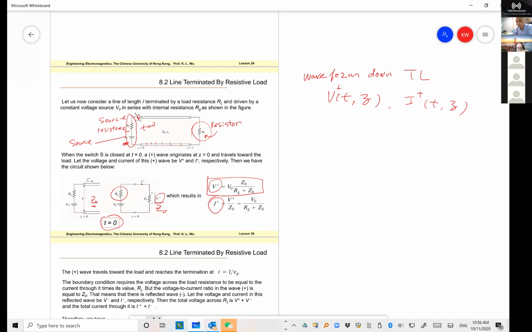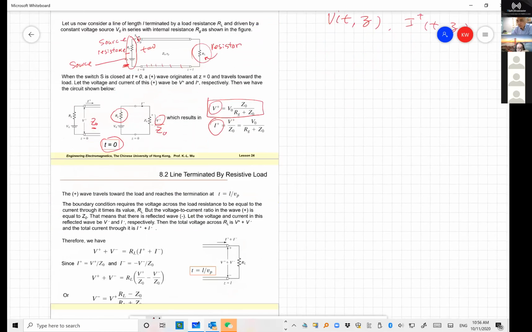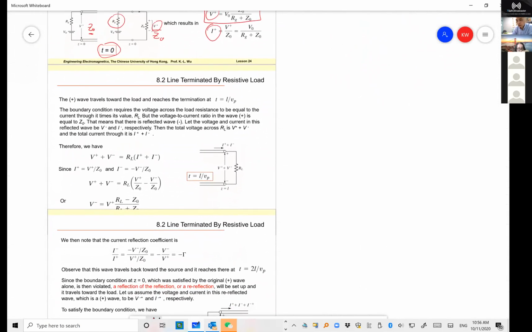Also change with time. So as time goes, how much time? When the time is less than the total length divided by the speed, that means the wave hasn't reached the end yet.